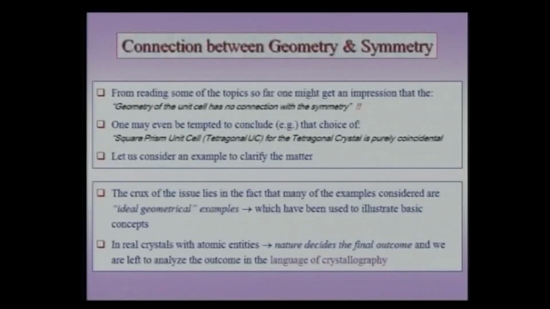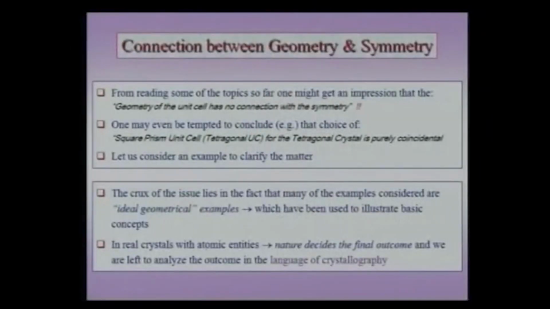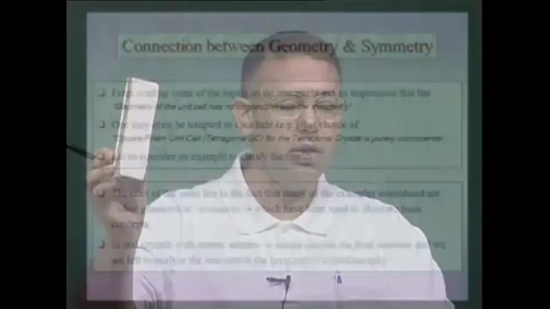So, coming back to the connection between geometry and symmetry, in real crystals with atomic entities, nature decides the final outcome and we are left to analyze the outcome in the language of crystallography. We will see some examples which we make ourselves. We could make crystals, for instance, out of this big entity in my hand. More examples we will see soon, but there are crystals which, even though we make them artificially in the laboratory or they may occur naturally, may be assembled by themselves.